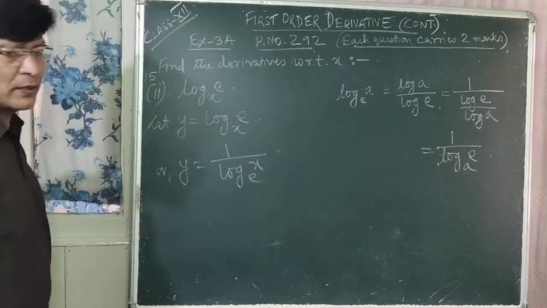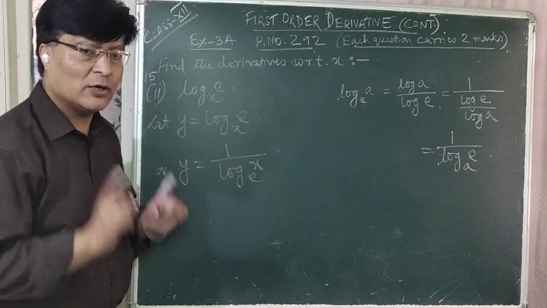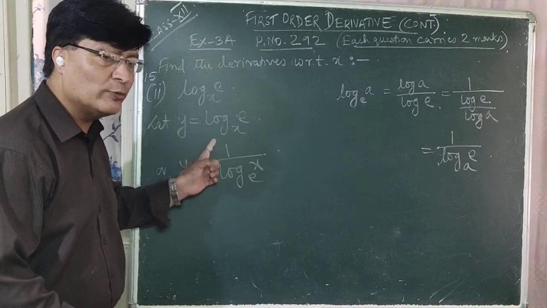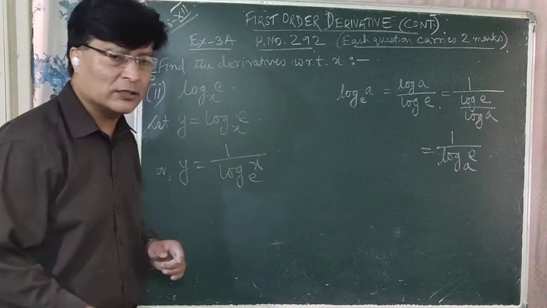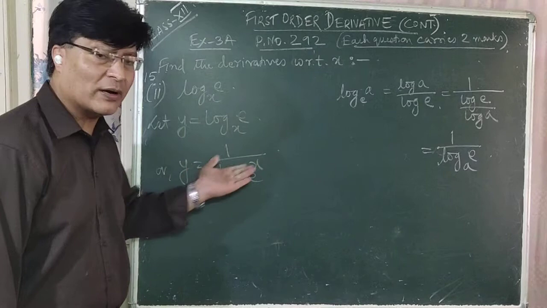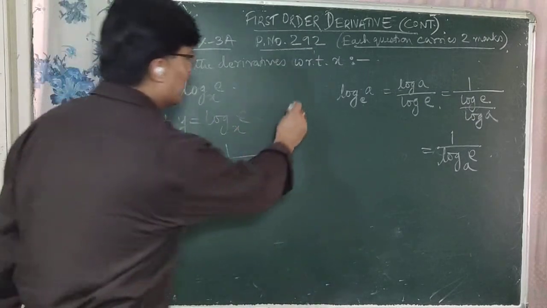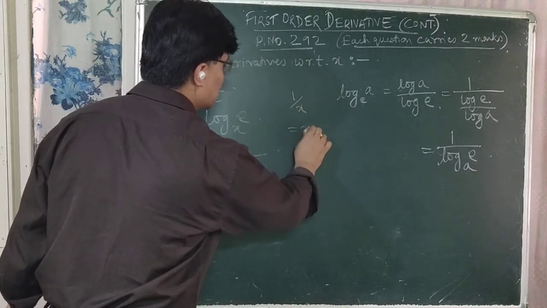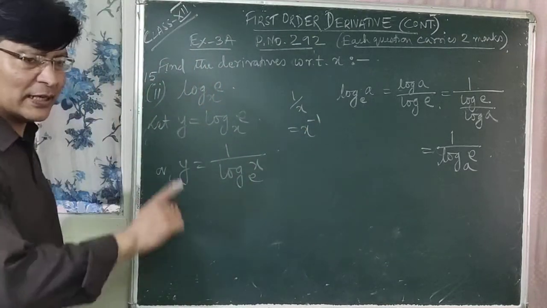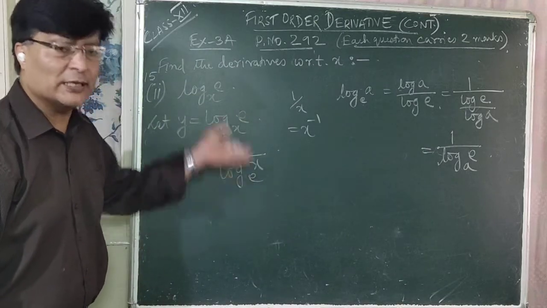But in this case, while differentiating, you don't have to use the u by v rule here, because one of the terms in the numerator is constant. So let us take log x base e to the numerator. But you cannot write this log e base x. But you can write, you know that 1 upon x means x to the power minus 1. That is x whole to the power minus 1. Similarly, you can take this log x base e to the numerator.